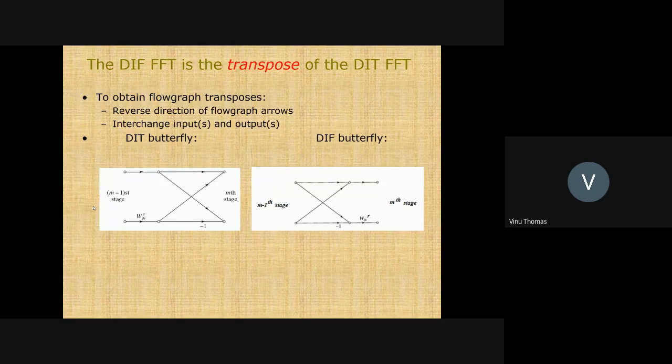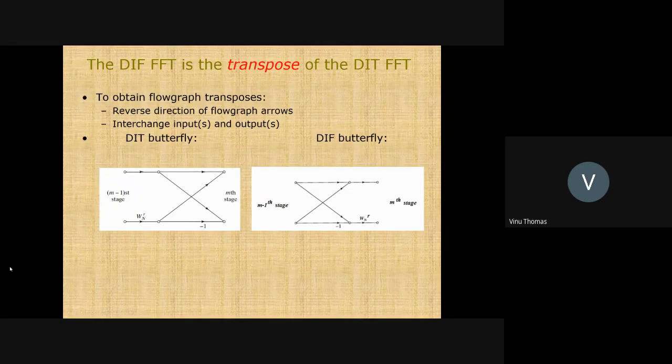And later, when we start our discussions on the structures for FIR filters in the third module, we will see that the transpose of a SISO signal flow graph will have the same functionality as the original signal flow graph. It will perform the same function. But this is not applicable for a case where you have multiple inputs and multiple outputs.